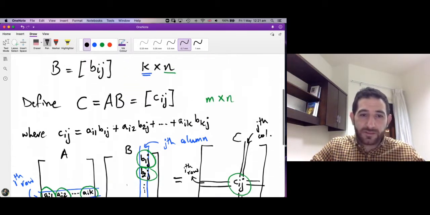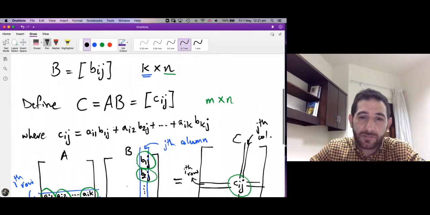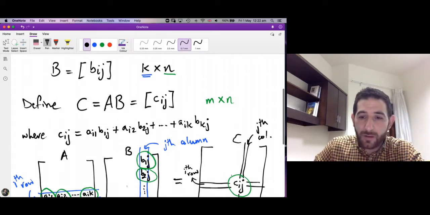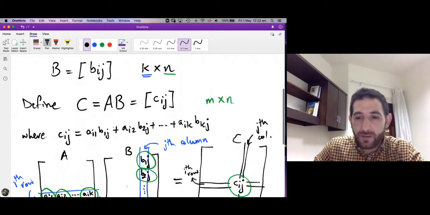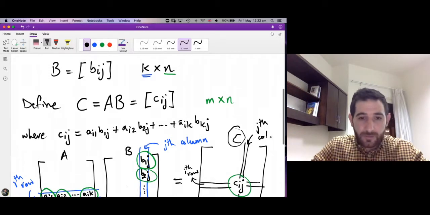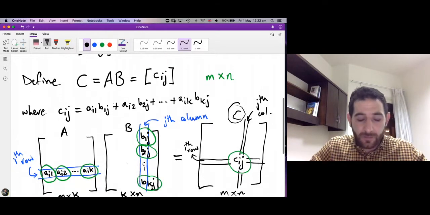Okay, so this is the definition of multiplication. This is how you compute the entry in the ith row and jth column of the product C using the ith row of A and the jth column of B.